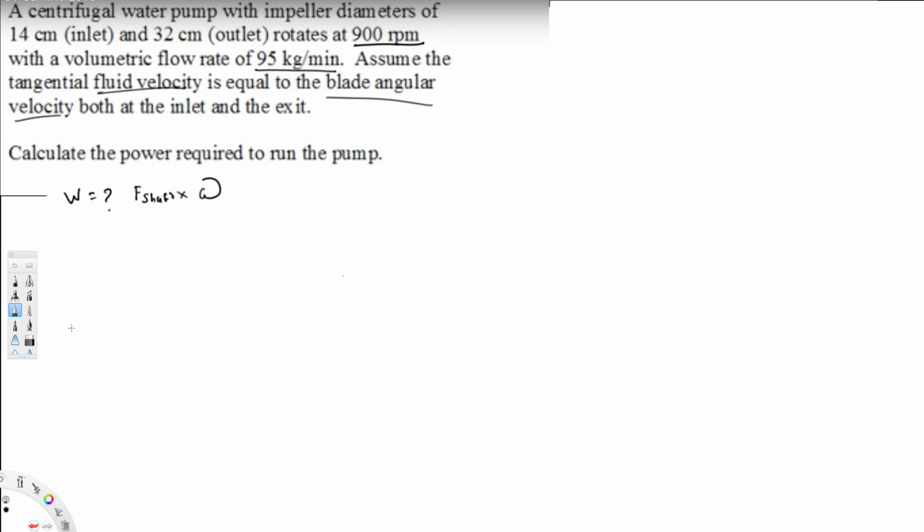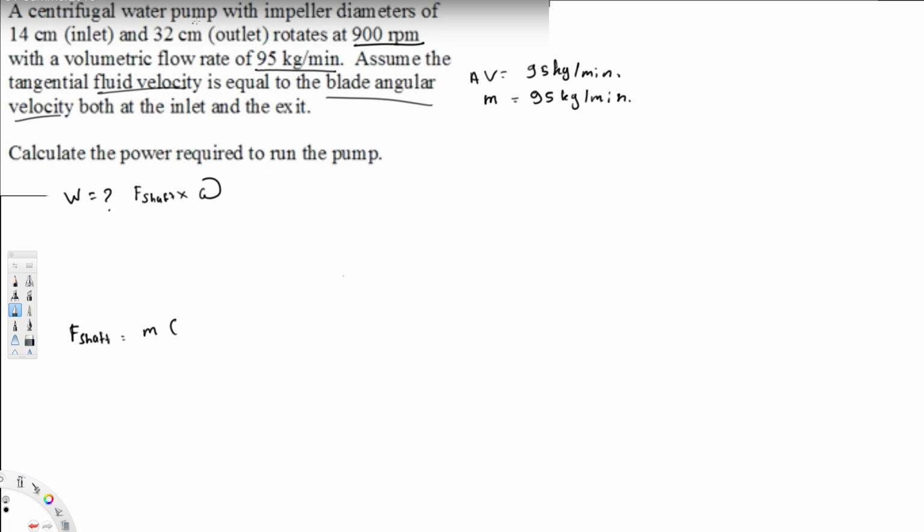To find the shaft, they have provided the volume flow rate, that's Q, 95 kilogram per minute. So this can also be written as mass flow rate because it's kilogram per minute. So M is equal to 95 kilogram per minute. So T shaft is equal to mass flow rate times the radius.